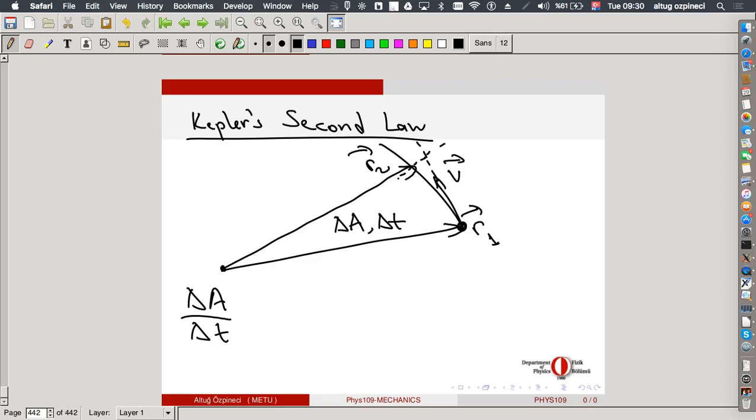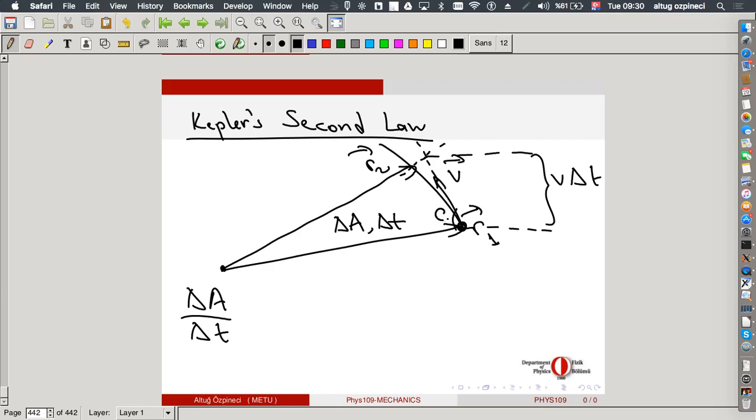So this distance over here is just v times delta t, the speed times the time interval we are looking at. Now here we have a triangle.